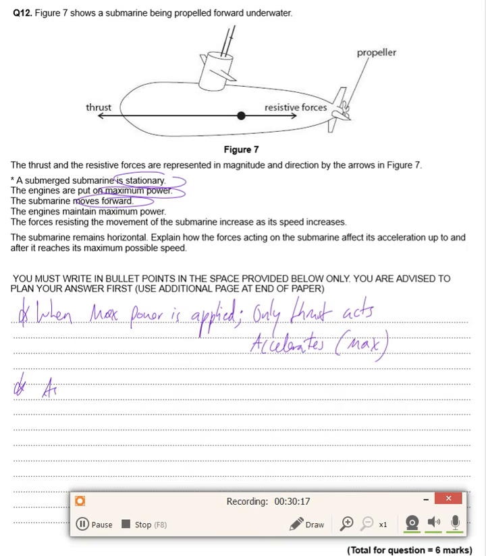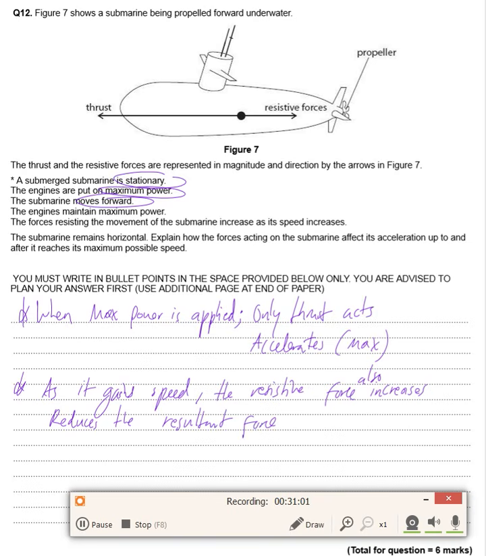Now, as it gains speed, what happened? The resistive force increases. So as it gains speed, the resistive force increases also. Now, what does this do? So if this is increasing, this reduces the resultant force.